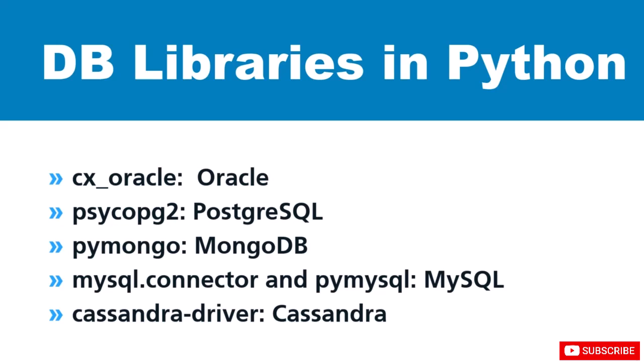And for MongoDB, you can use the PyMongo module or package to work with the MongoDB database system. The MySQL connector, and you know this module, we used it previously, mysql.connector, or you can use PyMySQL to work with the MySQL databases. And there is a module in Python programming language or a library called Cassandra Driver to work with the Cassandra databases easily.